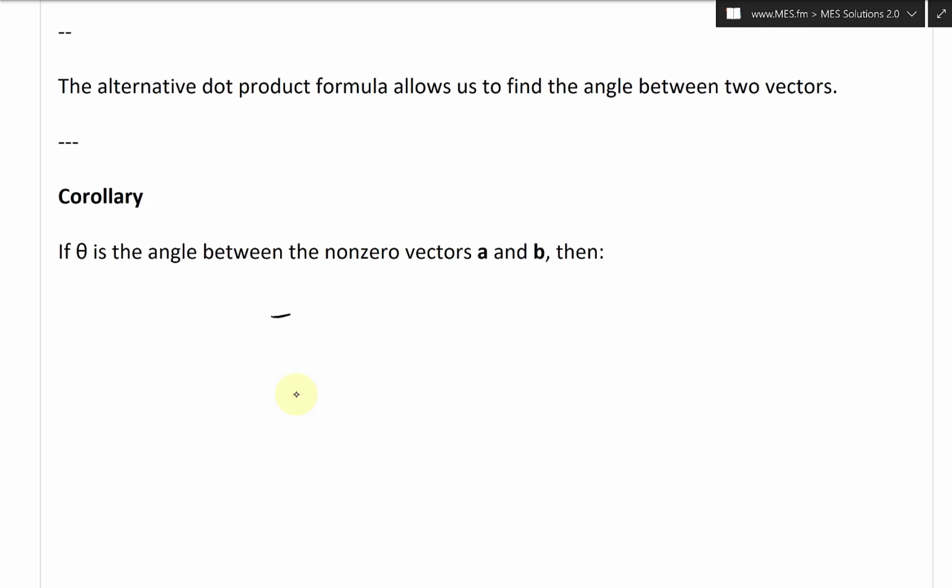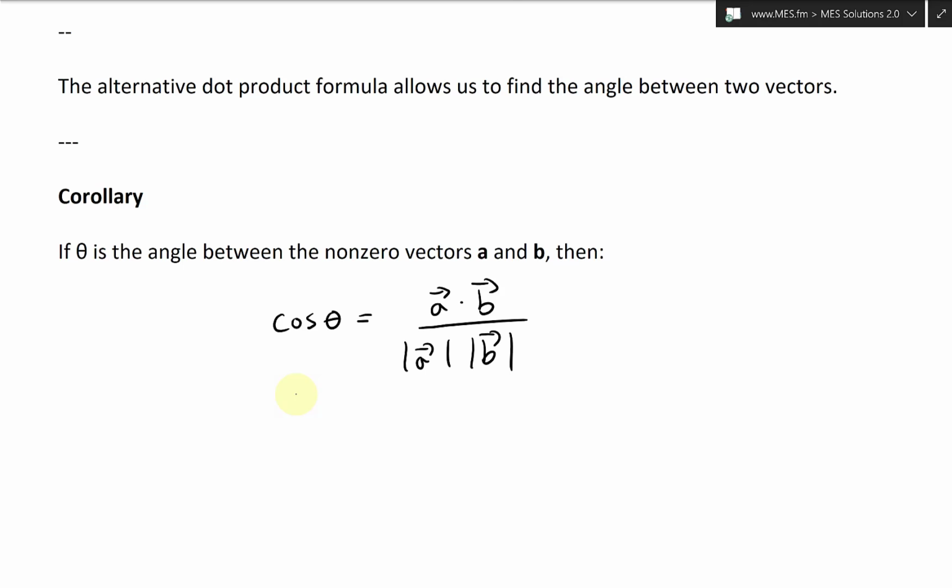Cosine theta is equal to a vector dot b vector over the lengths of a and b. So that's very fascinating stuff there.